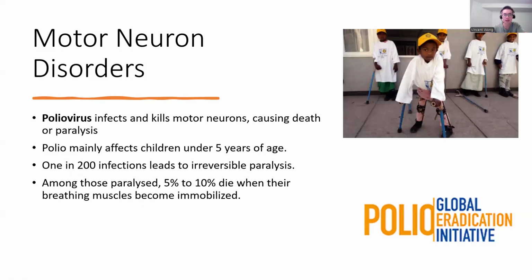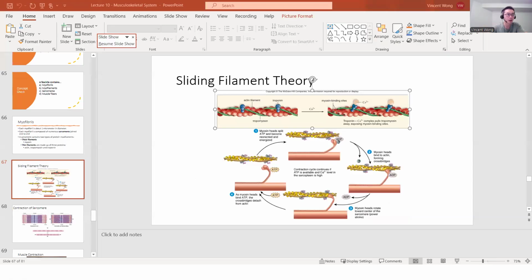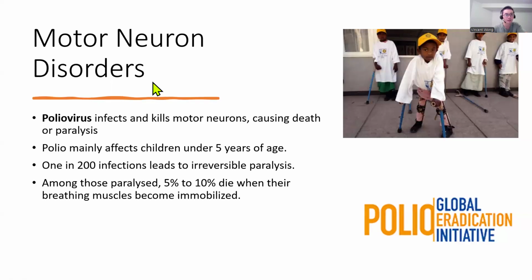And the efforts were actually pretty good. They were very close to completely eradicating the disease, except for small pockets of cases that still exist. But it's primarily due to access to the vaccines in some very remote locations.